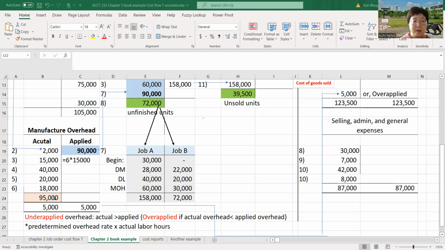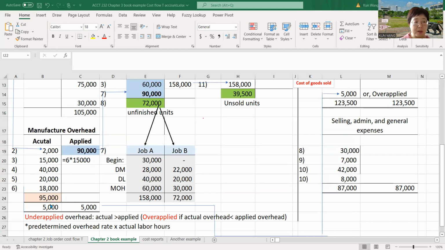At the end of the accounting period, you can compare the total actual overhead incurred with the total applied overhead. We find a balance we call under-applied or over-applied overhead, depending on whether the actual number is larger or smaller than the applied amount. So there are 2 possible situations.